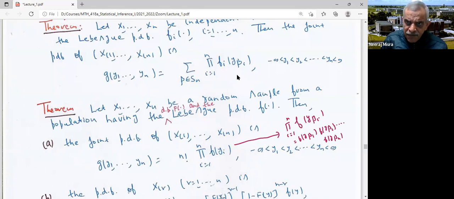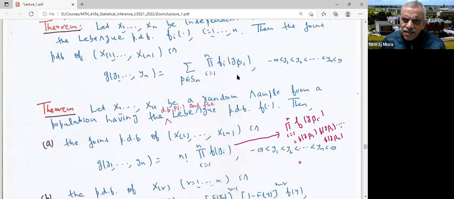Now, note that this f is the same in each of the products. And this y beta 1, y beta 2, ..., y beta n together form y1, y2, ..., yn. So y1 might be sitting somewhere in the middle, y2 somewhere else, but together they form y1, y2, ..., yn.